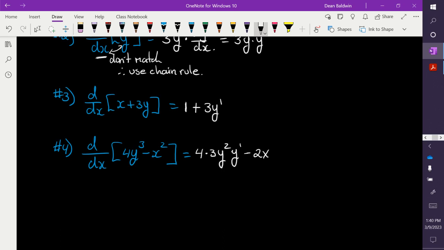You could have used product rule on that. Because these are, you could say these are two functions being multiplied together, right? So the derivative of 4 would be 0, right? Times y cubed plus the derivative of y cubed, which is 3y squared times y prime times the first function, which is 4.